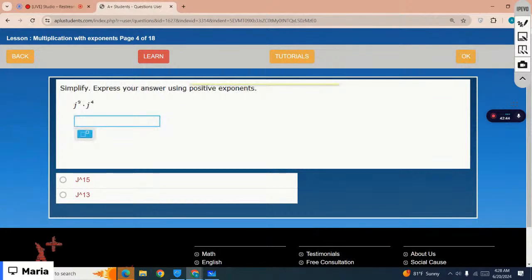Okay, J exponent 9 times J exponent 4. So which is the correct option? Yes, the correct option is J exponent 13. Option number 2 is the correct option.